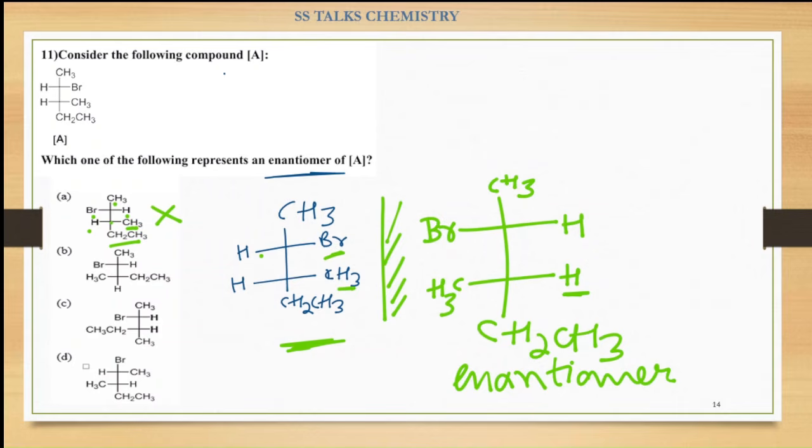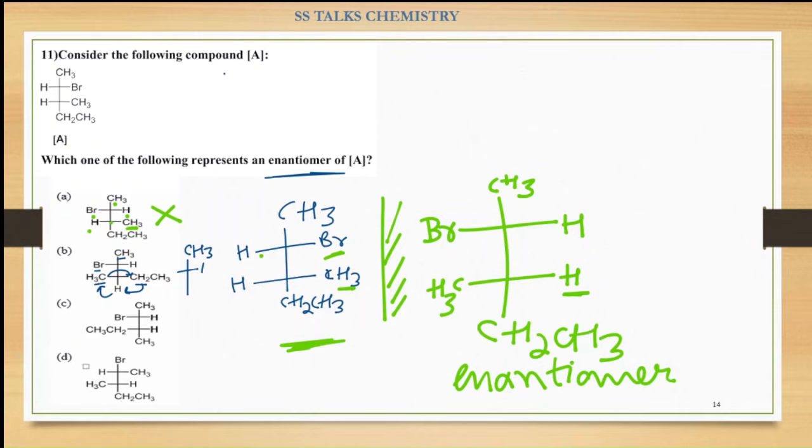Moving on to the next option. In this case, the methyl group is present, Br is present on the left hand side, and hydrogen is on the right side. This one is matching. Next, you observe CH3, the ethyl group and the hydrogen atom. Try to do a rotation in this, bringing the ethyl group to the bottom side. If I do the rotation like this, the conformation will look like this.